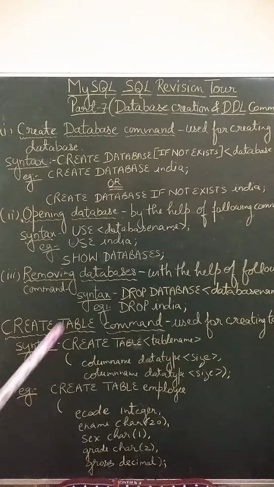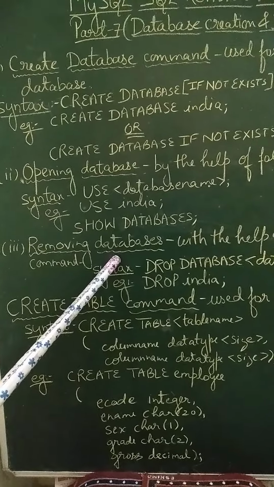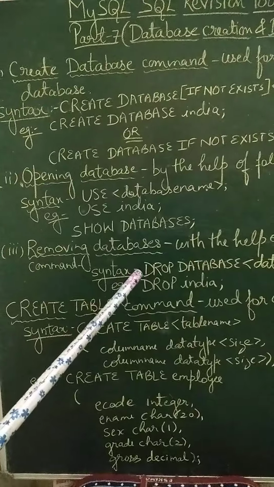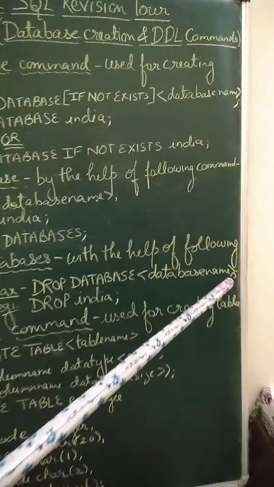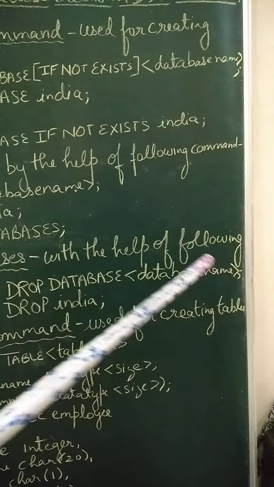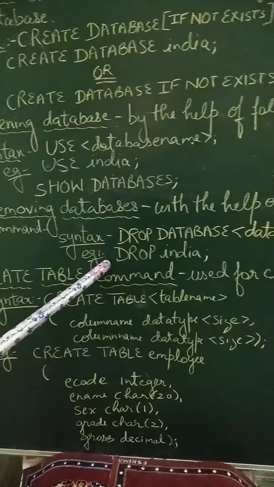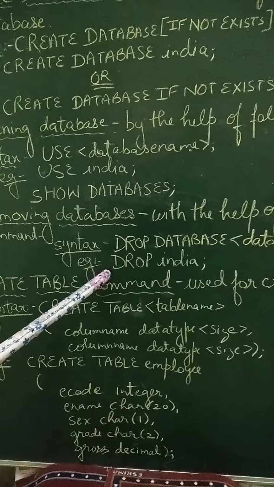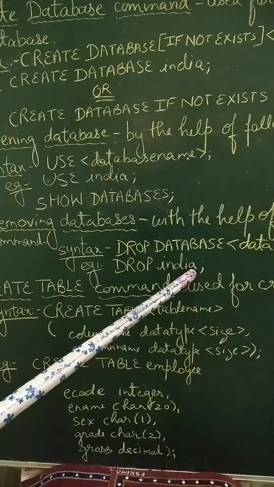To remove a database, you need to issue a command with the following syntax, that is drop database followed by the database name and a semicolon in the last. Example, if we want to remove the database with the name India, we can give the command drop database India semicolon.